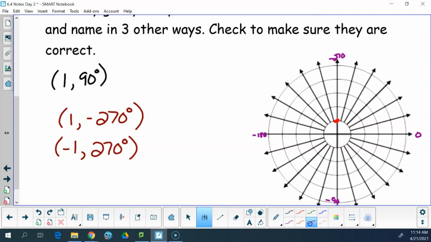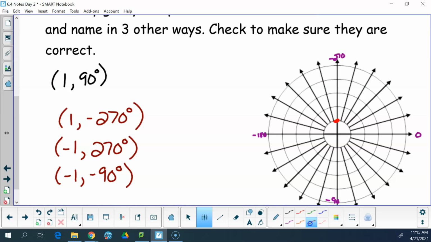Okay? And then I need a negative, and that would be negative 1, negative 90 degrees. Any questions on that little activity?